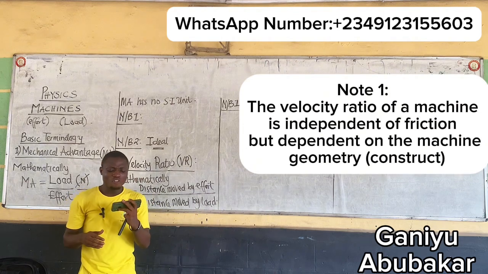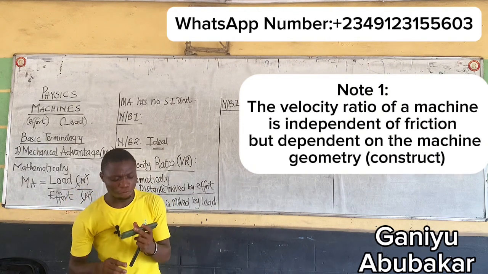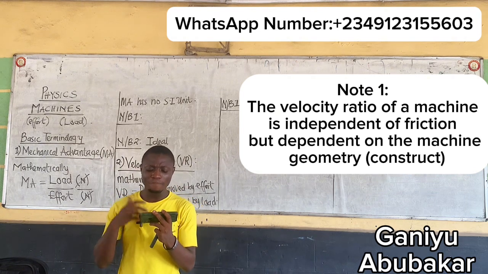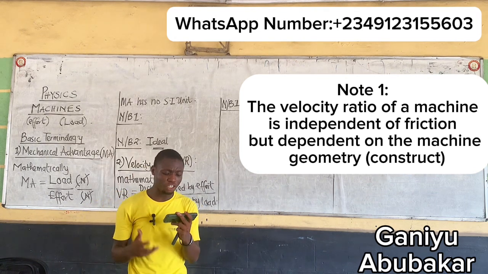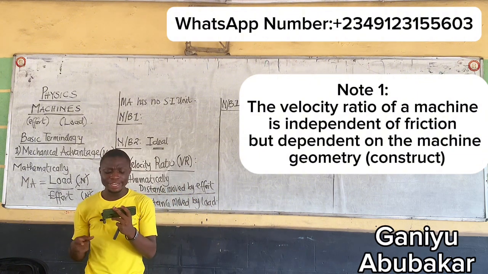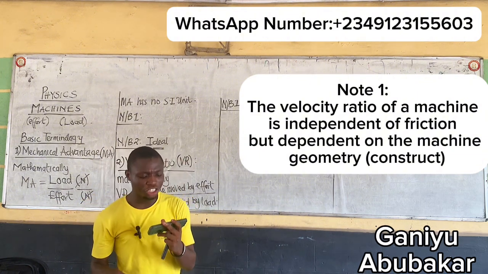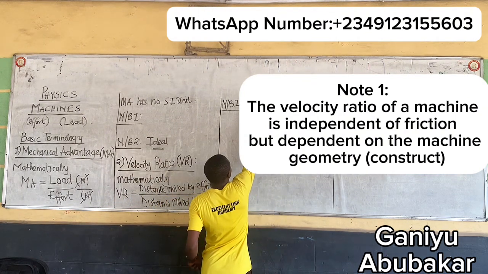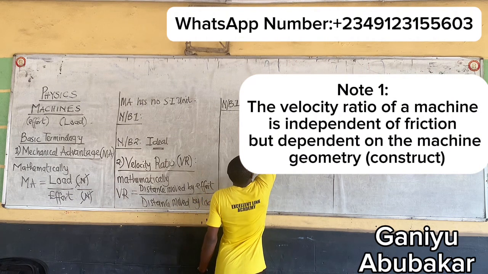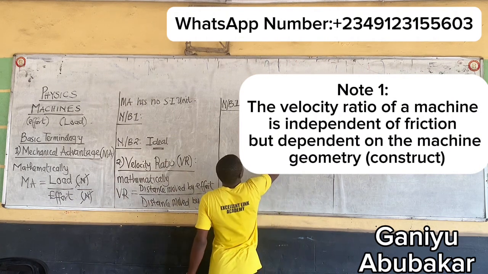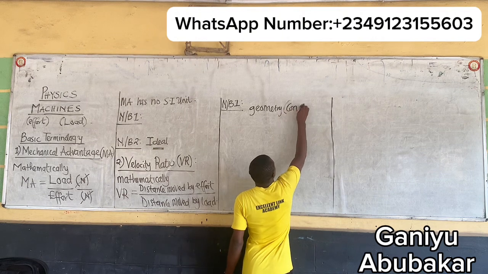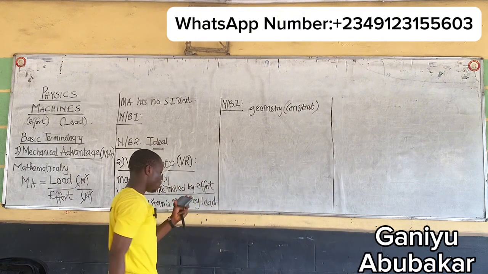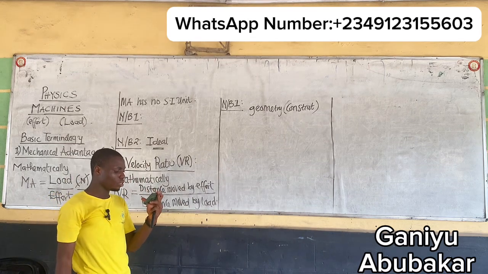The velocity ratio of a machine is independent of friction, but dependent on the machine geometry, or in brackets, construct.